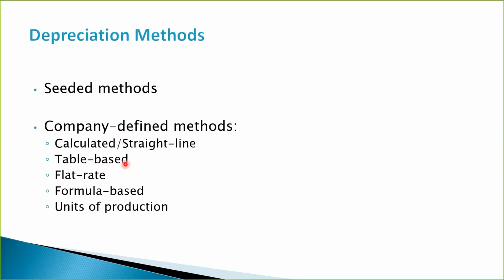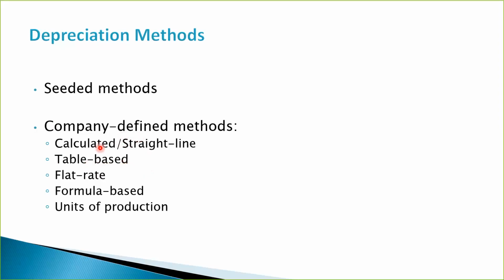So these tables are usually prepared by the regulating authority, the tax authority maybe, in your particular jurisdiction, all right? And they can be defined for particular classes of assets.